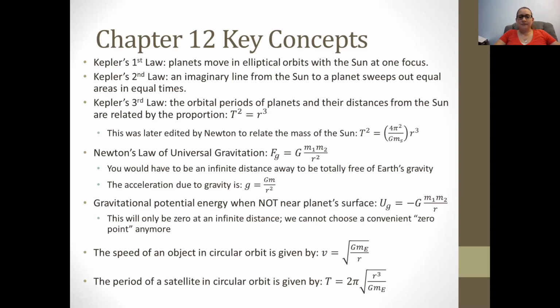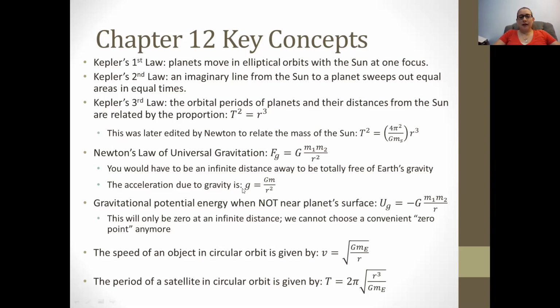That is a constant. And then we have the masses of the two objects and that distance between their centers. Now this R must be between their centers, not their surfaces. That's important. But basically this tells us that you would have to be infinitely far away from something to be totally free of its force of gravity. Okay, and we can't really do that.